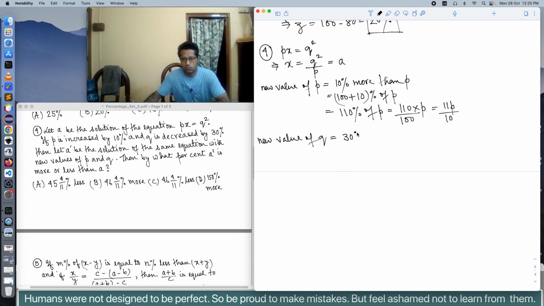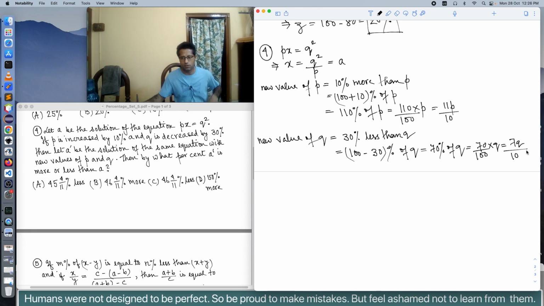So the new value of q is 30% less than q, which is 100 minus 30% of q, which is equal to 70% of q, which is equal to 70 by 100 multiplied by q, which is equal to 7q by 10. So the new value of q is 7q by 10 and the new value of p is 11p by 10.